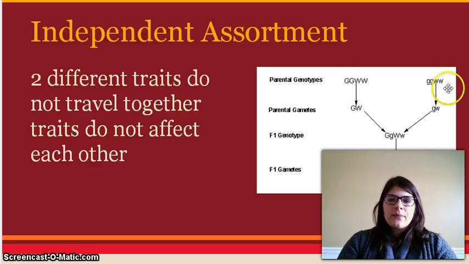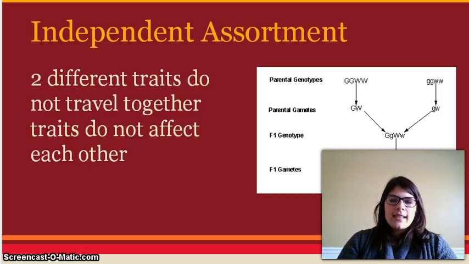So as we can see here, we have a parent with the genotype capital G, capital G, capital W, and another parent with a lower g, and lower W. Now, we know when we combine these, we only have the chance of having capital G or capital W and lower G or lower W. So when we combine those to the child, we will get capital G, capital W, lower W. Now don't get hung up on the fact that we have two alleles here. We'll explain that later in class when we do dihybrid crosses.